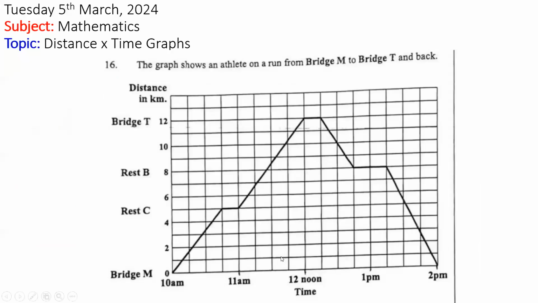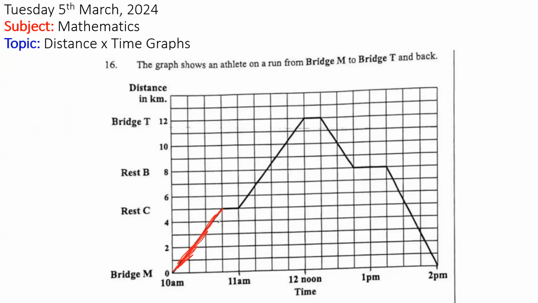In this graph, we have several portions. The first thing we have is this line that is slanting and ascending.